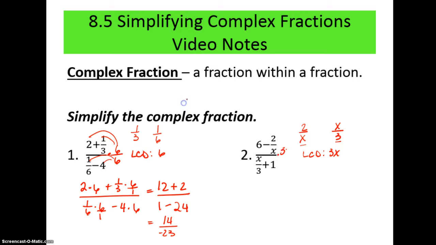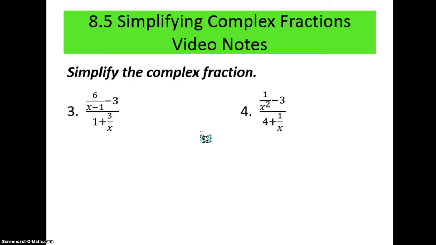Again, I'm multiplying top and bottom by 3x over 3x, and I can do that because 3x over 3x is 1. So I have 6 times 3x minus 2 over x times 3x, x over 3 times 3x plus 1 times 3x.